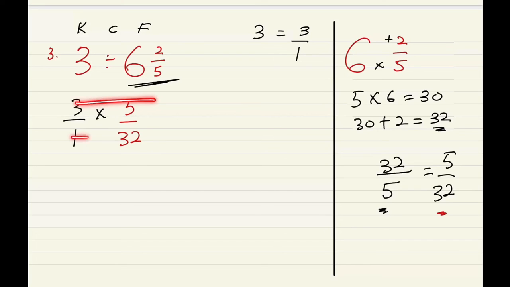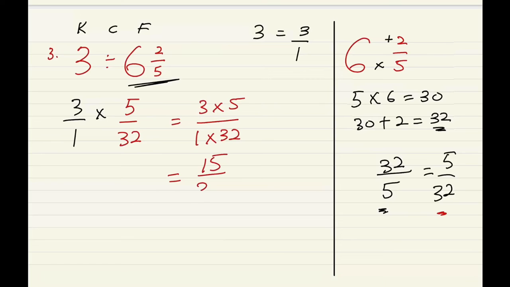We're going to multiply across, and it becomes 3 times 5 over 1 times 32, which becomes 15 over 32. And we're just going to leave it as that because it's already in its lowest form.